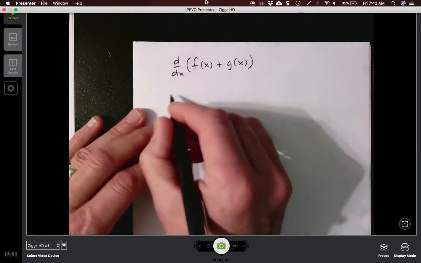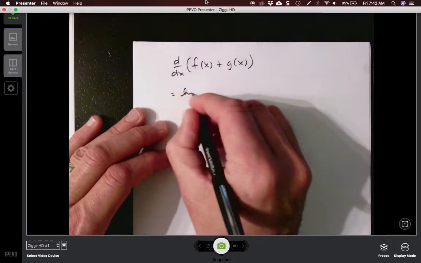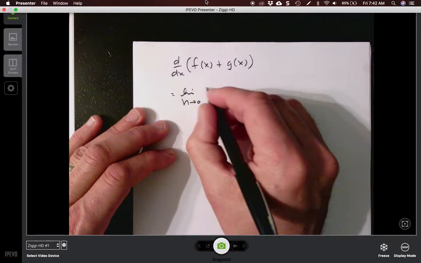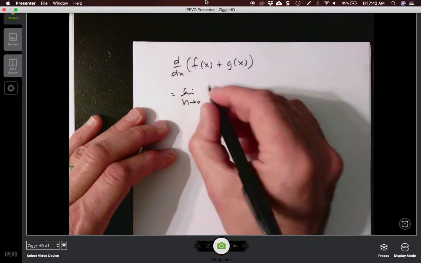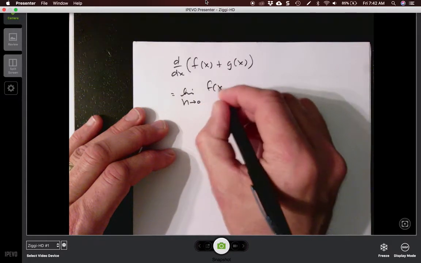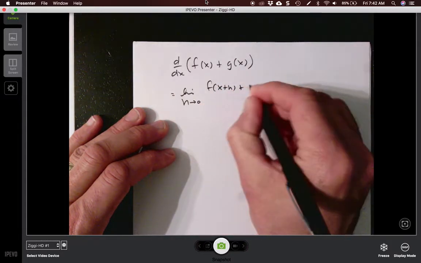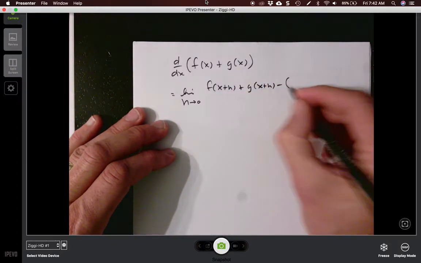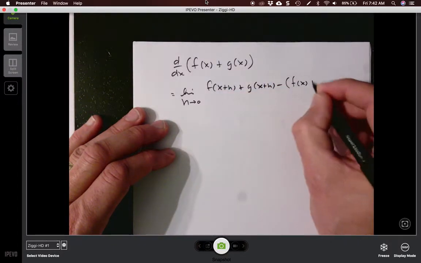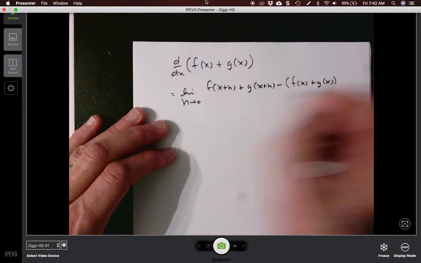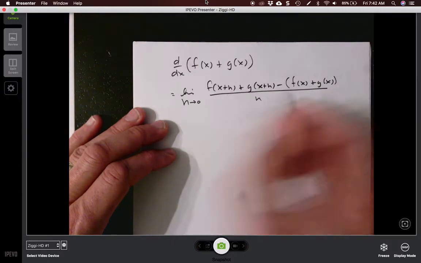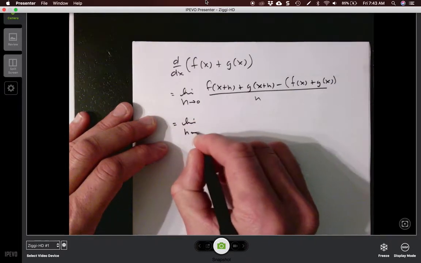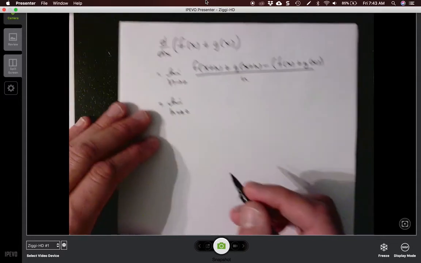Well, by definition, this is going to be the limit as h goes to 0, and then I'm going to plug in the function evaluated at x plus h, which would be f of x plus h plus g of x plus h, and then minus the function f of x plus g of x, and all that divided by h. Then I'm just going to rewrite this another way, as the derivative as h goes to 0.